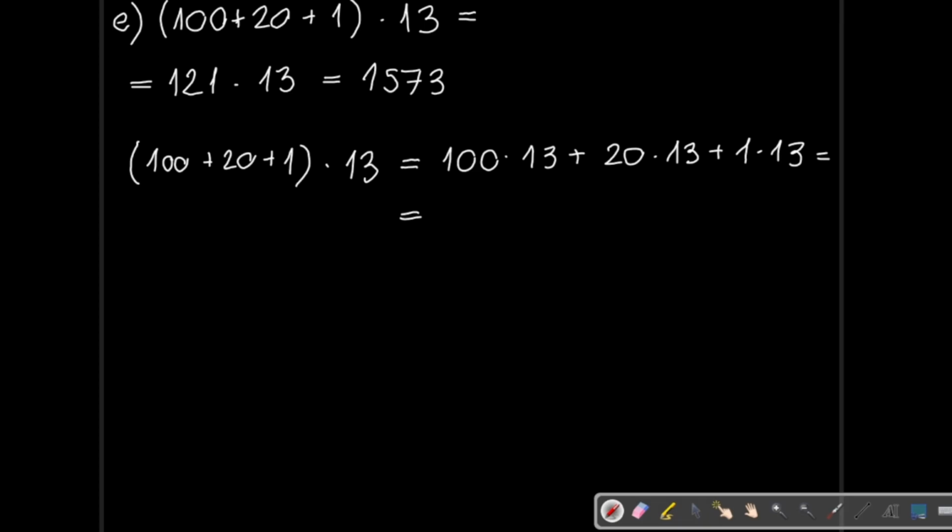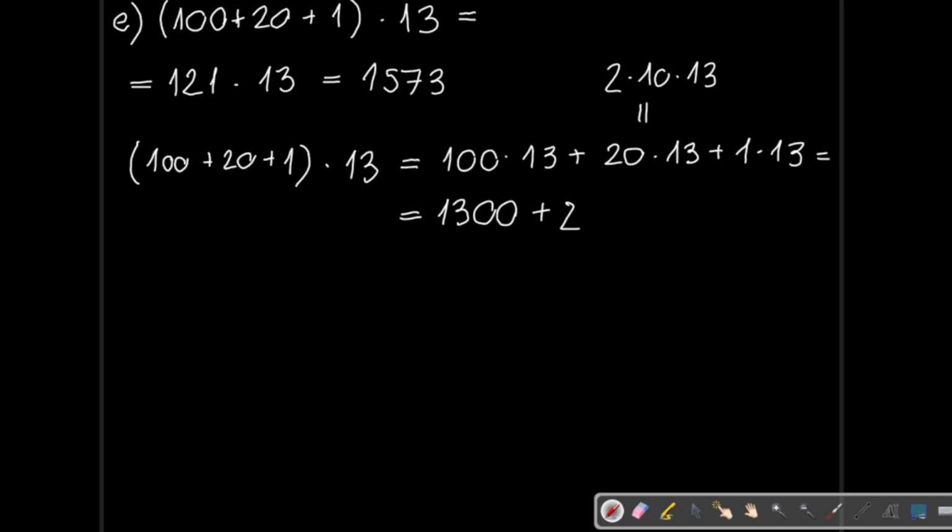Now we need to do the multiplication. In this expression, we need to do the multiplications first. In the first multiplication, we just add 2 zeros. In the second one, this is basically 2 times 10 times 13. Since 20 is 2 times 10, that means we can multiply 13 2 times and then add a 0.